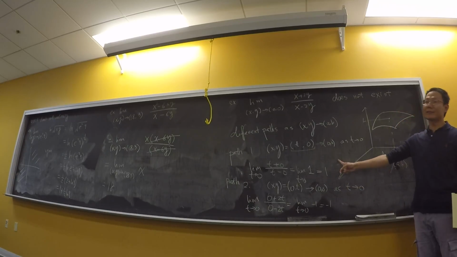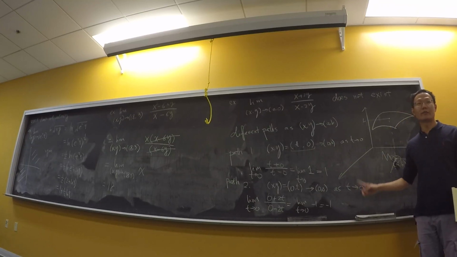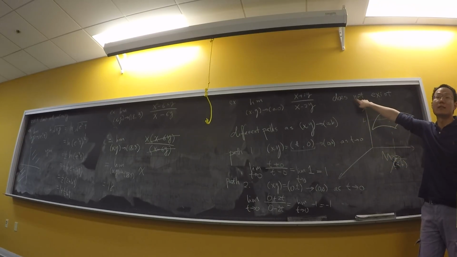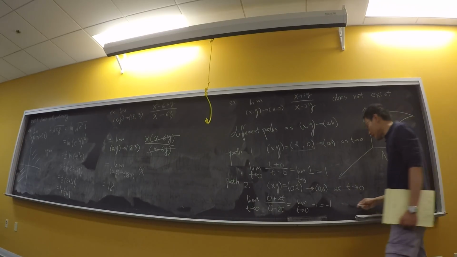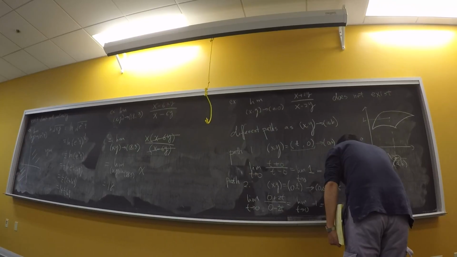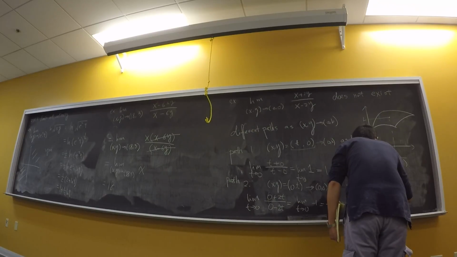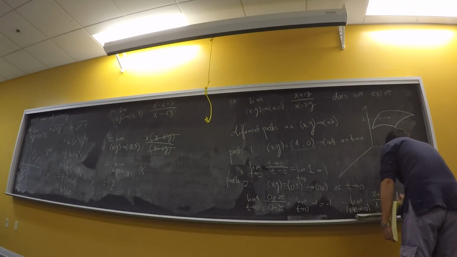So two different paths give you two different limits. Then this fact alone will be sufficient to justify that the limit does not exist, okay? So these two are different. So you can say the limit as (x, y) approaches (0, 0) of (x + 2y)/(x - 2y) does not exist.